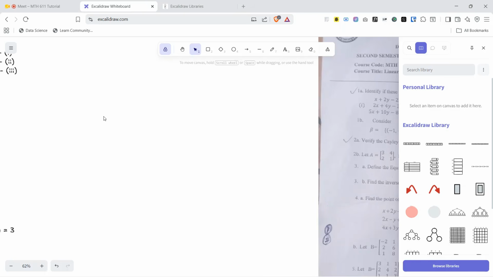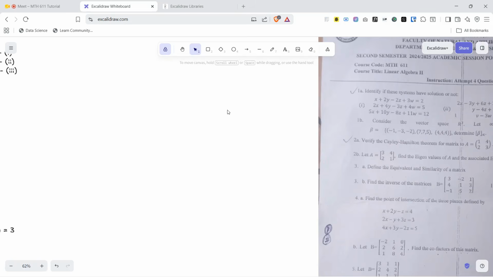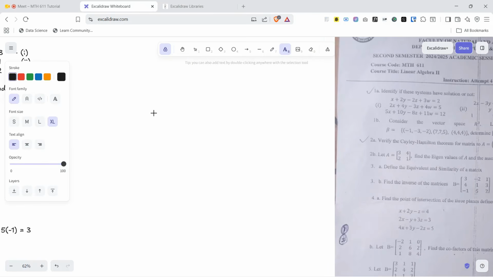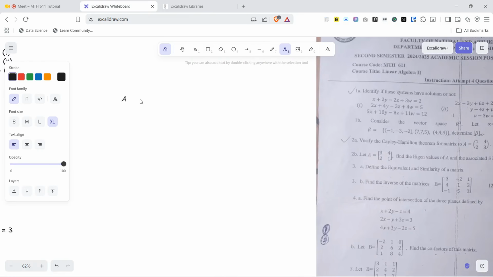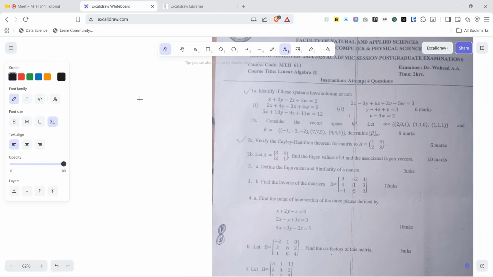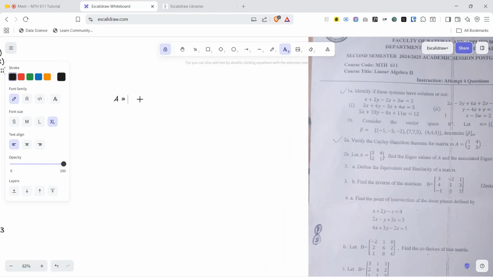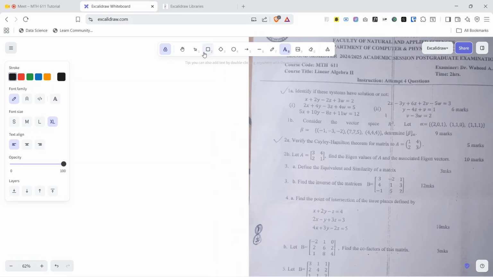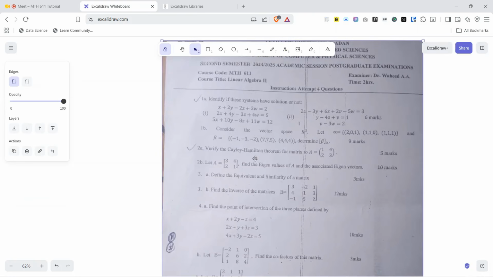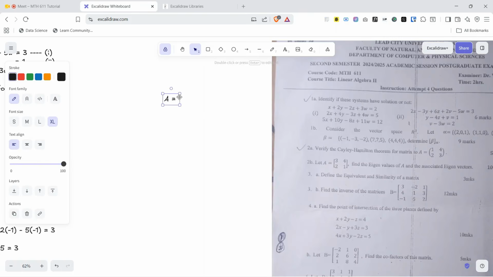Let me just use something to represent alpha. So let's take alpha as A. So we have A equals, sorry, permit me to move this closer. Okay.